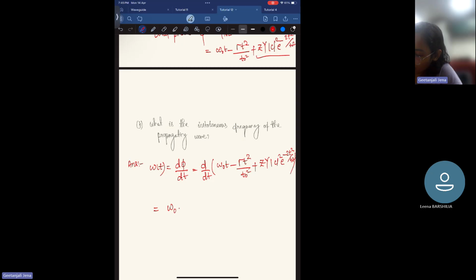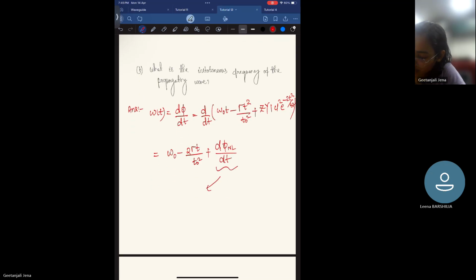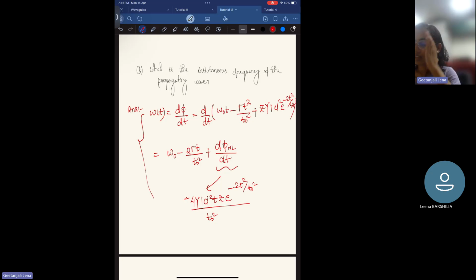So this will give omega 0 minus 2 gamma t by t0 square plus d phi nl by dt, where, if you take the derivative, it will come minus 4 gamma c square tz e to power minus 2t square by t0 square, divided by t0 square. Okay. So first you need to find out the phase, then you can find the angular frequency or the instantaneous frequency.